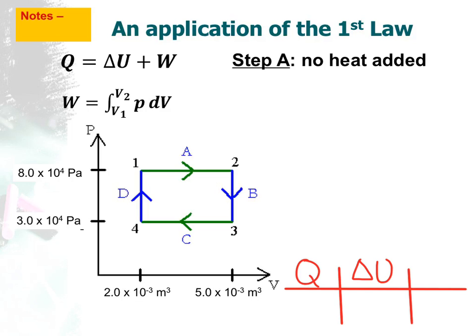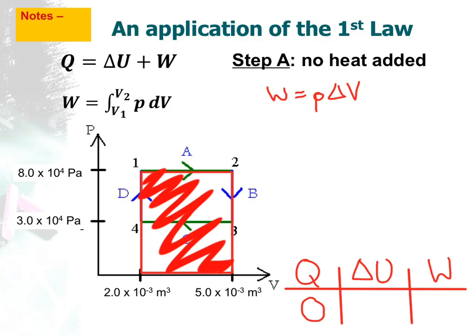So step A. I like to keep a little organizer here. So I have Q, the heat, internal energy, work, and I know that this equals that plus that. I know that the heat is 0 because that is given to me in this particular step. That had to be given to me.